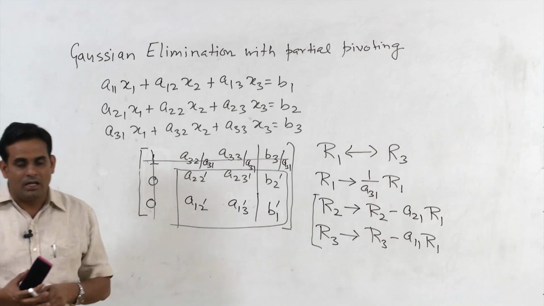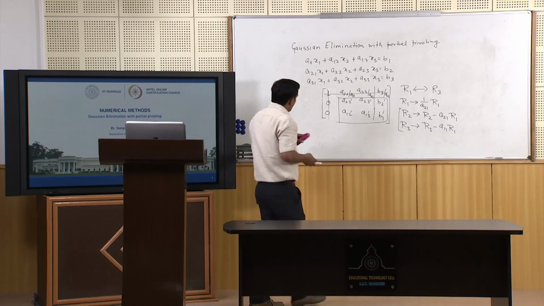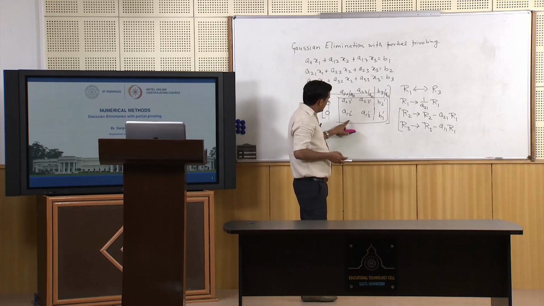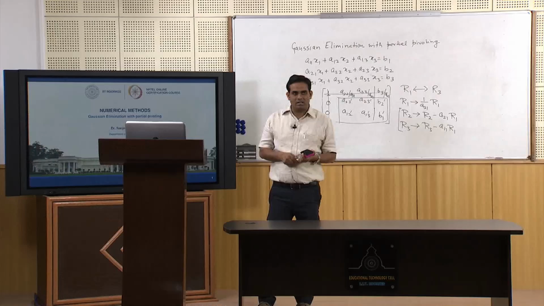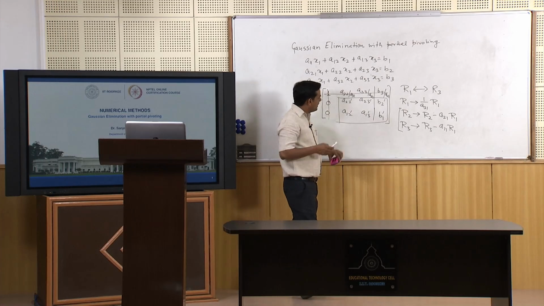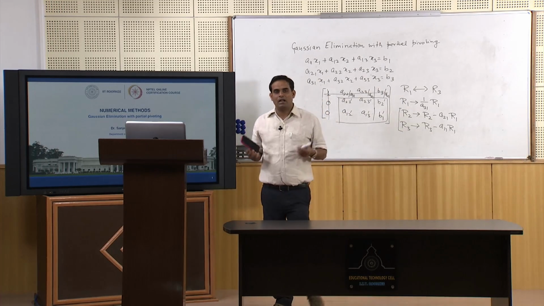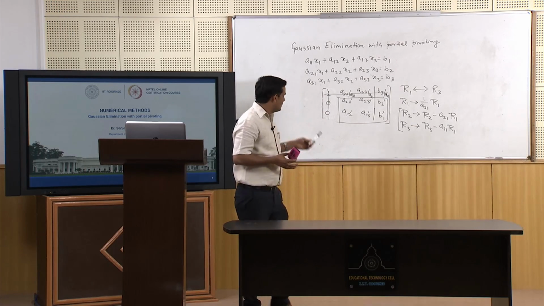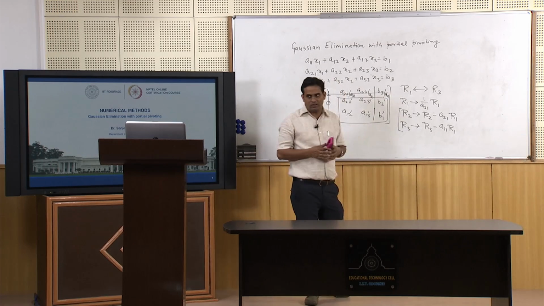So, here we are finally changing the matrix into row echelon form. However, we are performing some extra operations by searching the pivot elements and we are making the entries 0 with the help of pivot elements at the diagonal position. So, this method is called Gaussian elimination with partial pivoting.